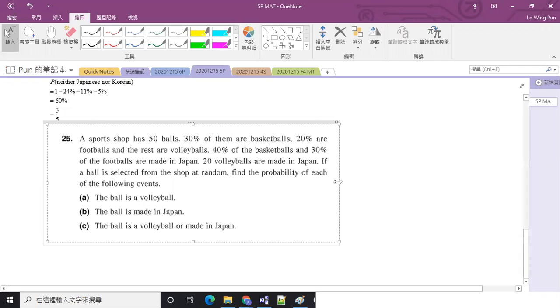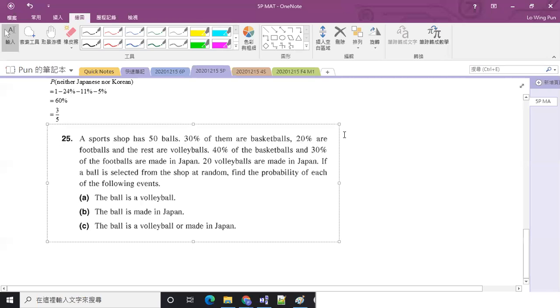好啦，呢度係咪又係有兩種嘅分類方法啊？Okay, so there are two types of categorization of the balls. First, it is the type of balls. Second categorization is whether it is made in Japan or not.